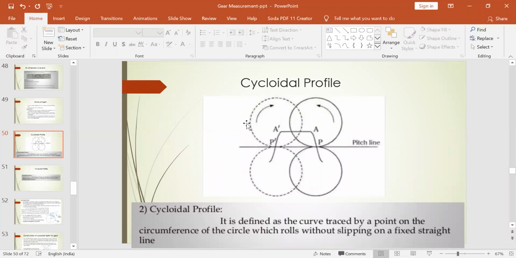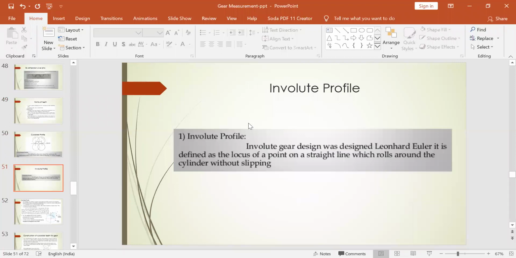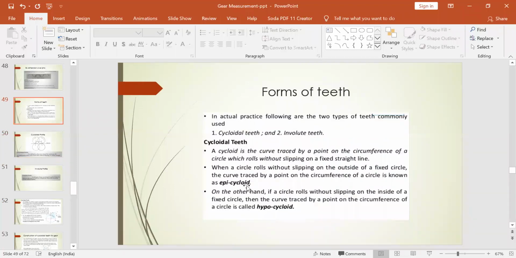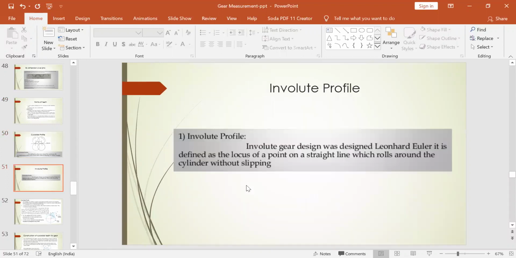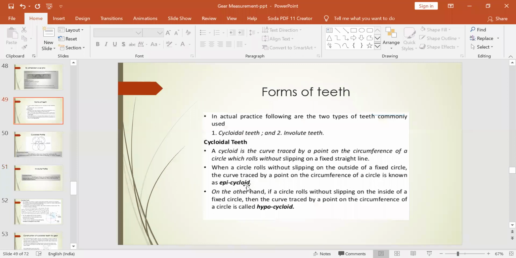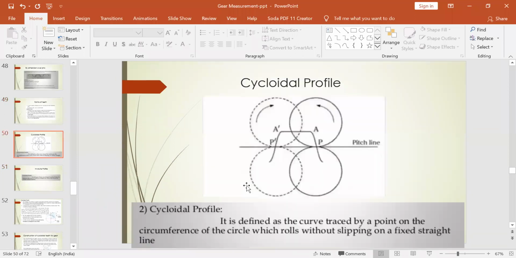If it is above the pitch circle, it is called an epicycloid, and if it is below the pitch line, then it is called a hypocycloid. So this is the difference between the epicycloid and the hypocycloid.